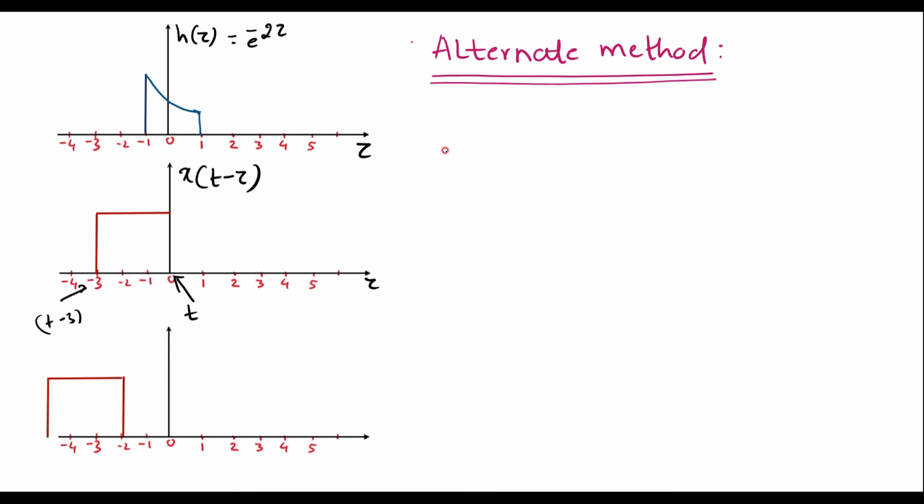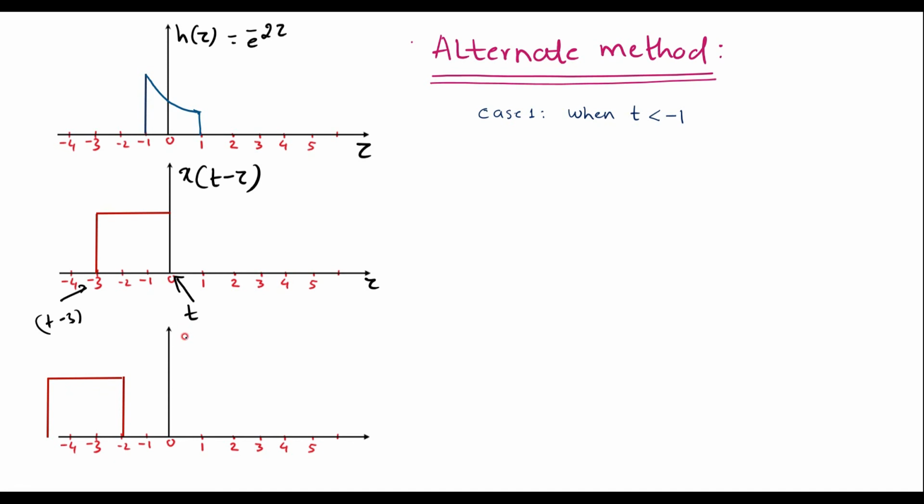Now we'll solve the same problem using another method. First we'll consider case 1, that is when t is less than minus 1. As we know, this is the x of t minus tau signal and this point is t. We're supposed to shift this x of t minus tau signal towards the left such that it crosses minus 1.